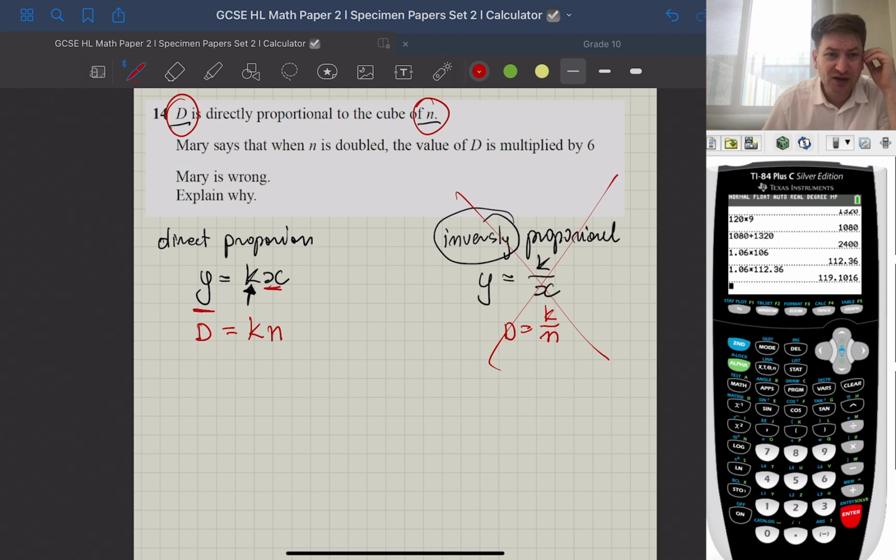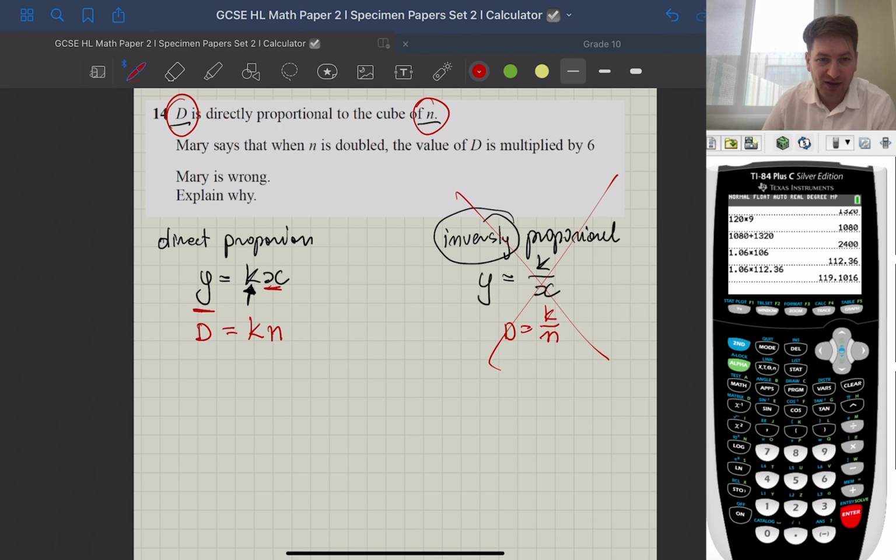All right, so what is this saying in this question? I'm just talking a little bit about how that works, in terms of directly proportional. But this question is a little bit different because it says Mary says that when n is doubled, the value of d is multiplied by 6.